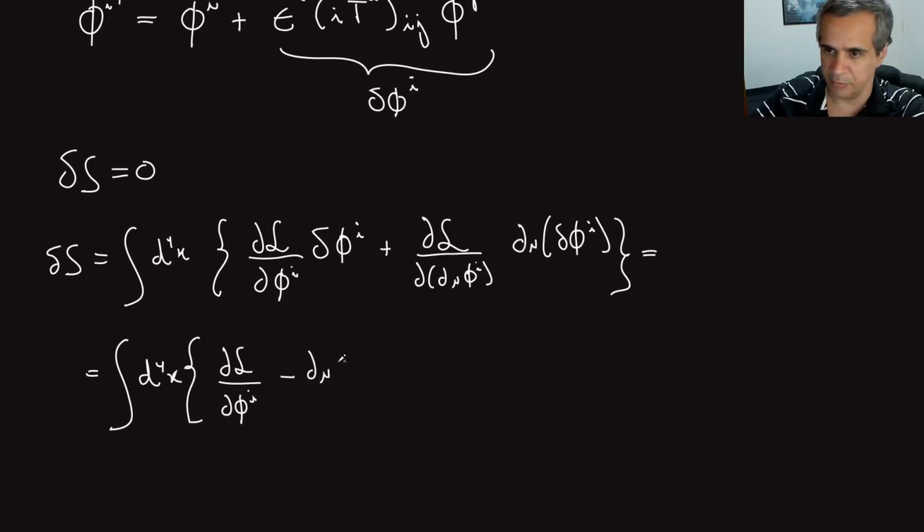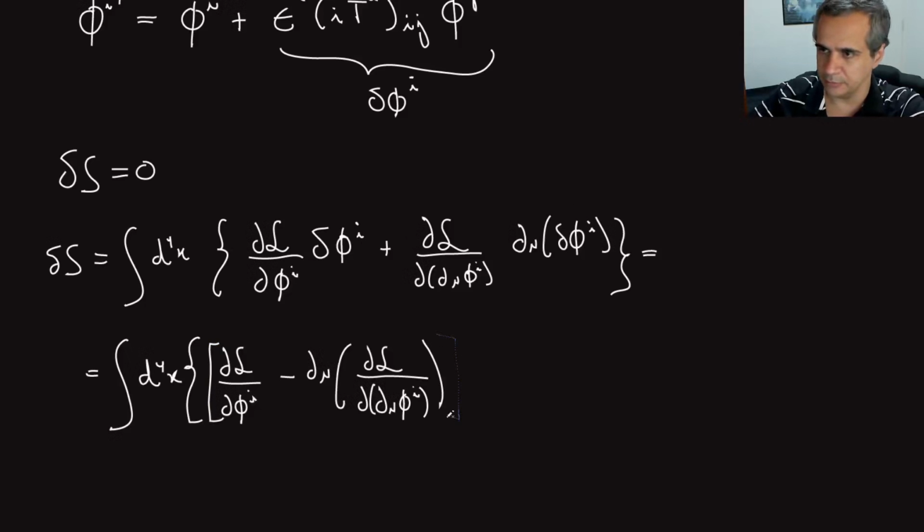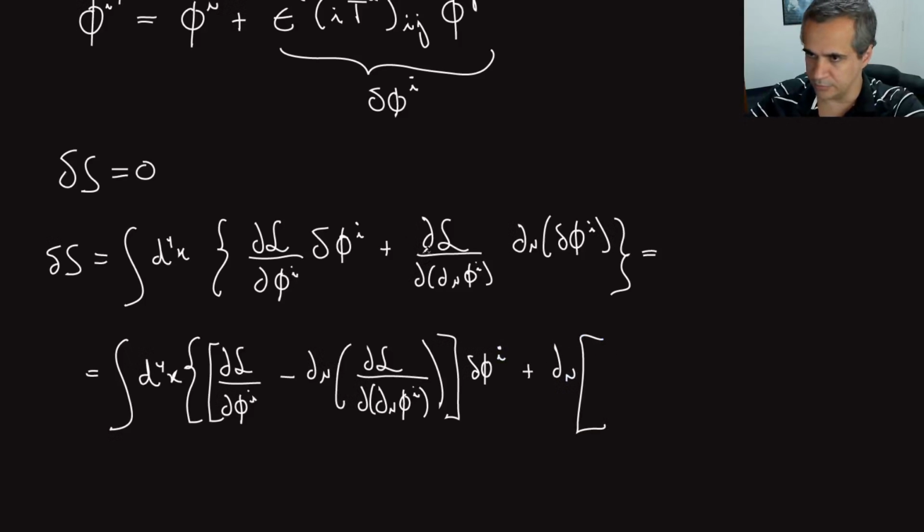That will give me a del mu of del L del del mu phi I, all multiplying this delta phi I here, and this is the surface term, del L del del mu phi I, delta phi I.